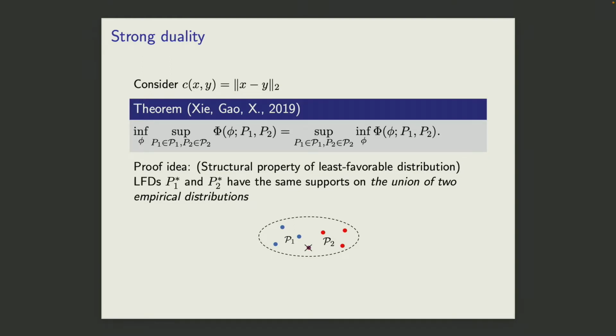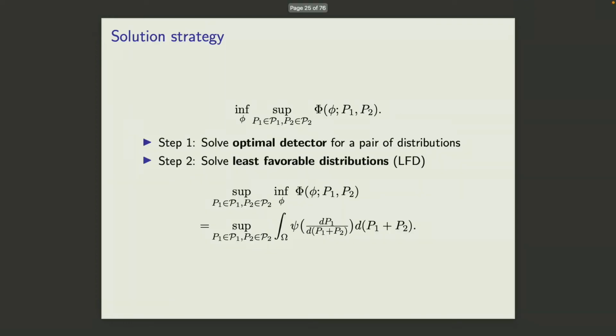And so the key idea is, when we look closer, actually, the least favorable distributions have a structural property that they must be supported on the unions of two empirical distributions, excluding the samples that are in common between the two. Okay, so that is the core of this proof for minimax. And because we can exchange the min and max, in fact, we can solve this.